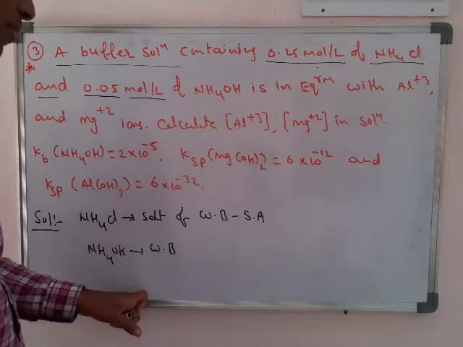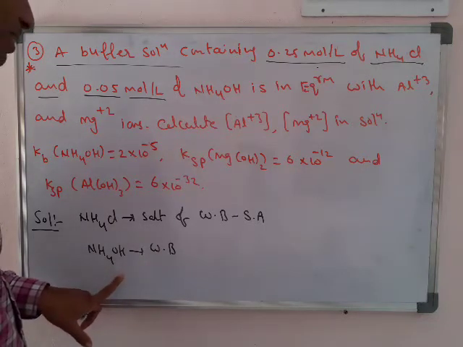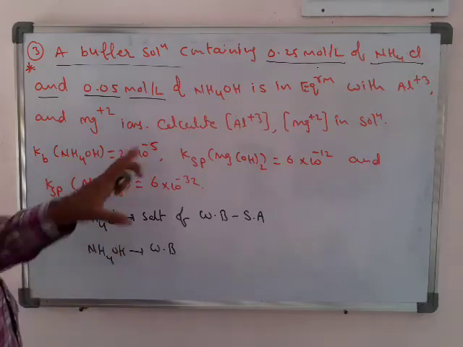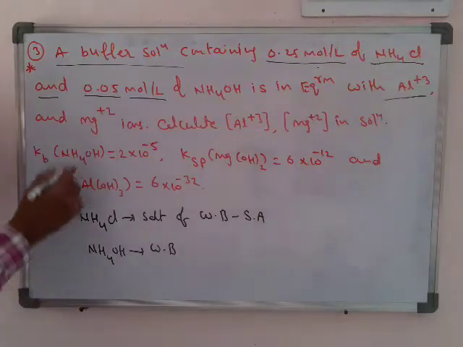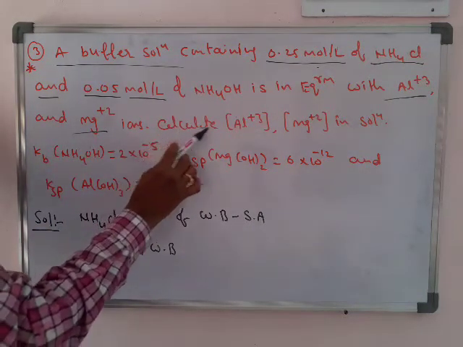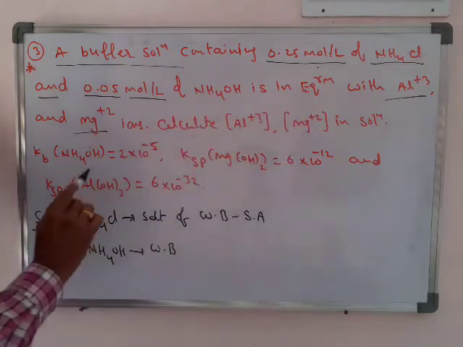So which type of buffer solution? Since a weak base is present, it is a basic buffer solution, and the solution is in equilibrium with Al plus 3 and magnesium plus 2 ions. I have to calculate the Al plus 3 concentration and Mg plus 2 concentration in the solution.